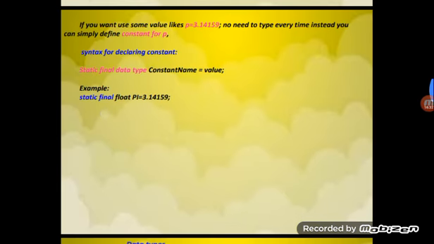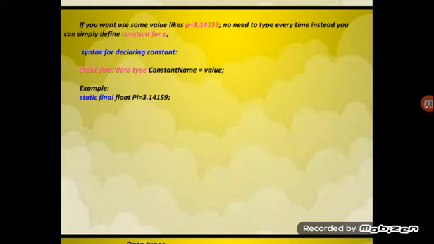If you want a value like pi, 3.14, there is no need to type it every time; instead you can simply define a constant for pi.